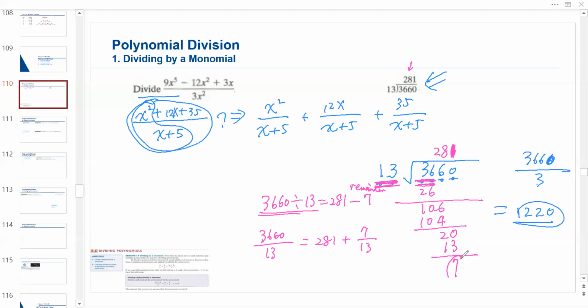And finally, until this number is less than the denominator. So this is the remainder. This is the quotient, right? This is the numerator, denominator. So you got the numerator, denominator, and find the quotient and remainder. So use the same mechanism for our polynomial division situation.